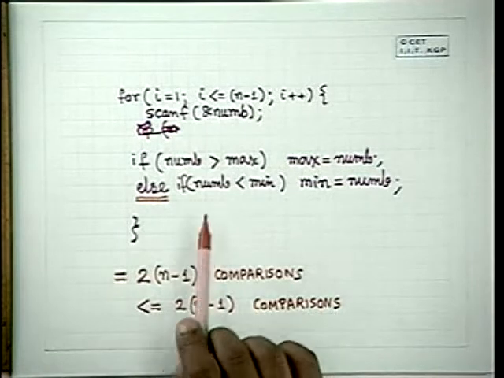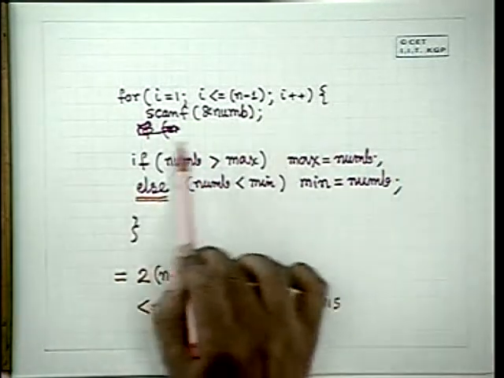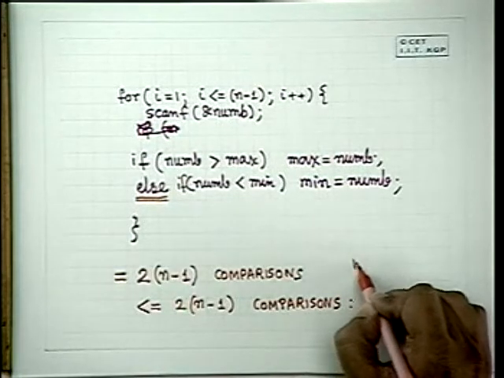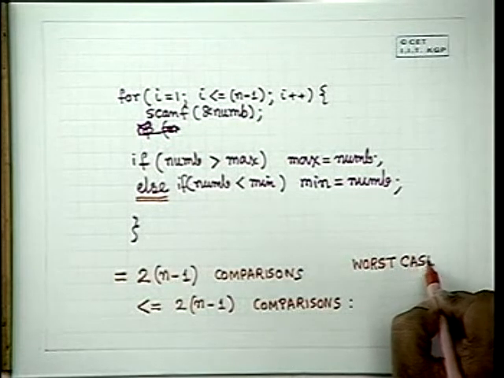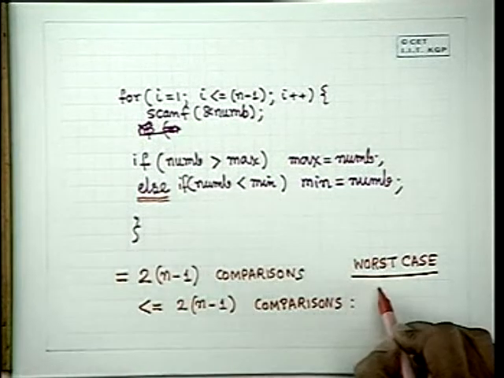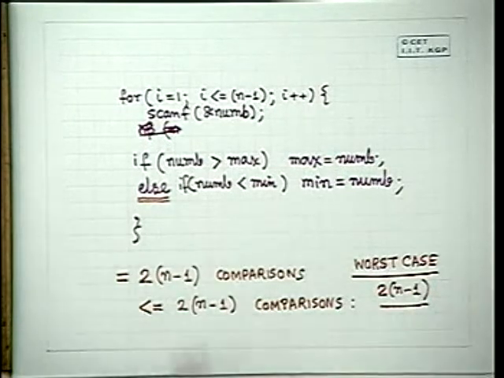But obviously, there exist examples in which even this modified program will make exactly 2 into n minus 1 comparisons. Therefore, in the worst case, both the algorithms are going to make 2 into n minus 1 comparisons. So in terms of worst case scenario, both the algorithms are going to perform equally.